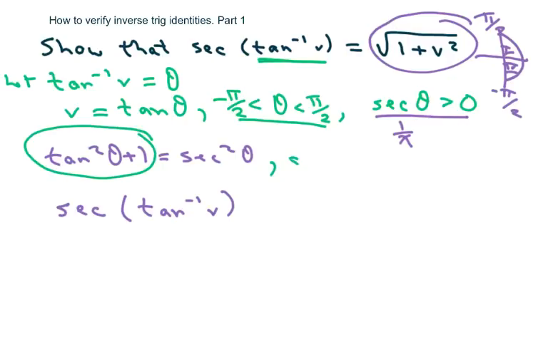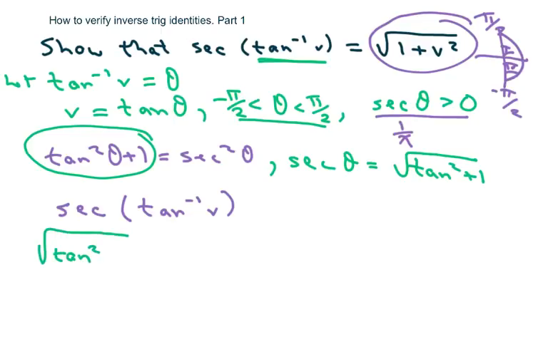So secant of theta equals the square root of tan squared plus 1. And that's for my secant.